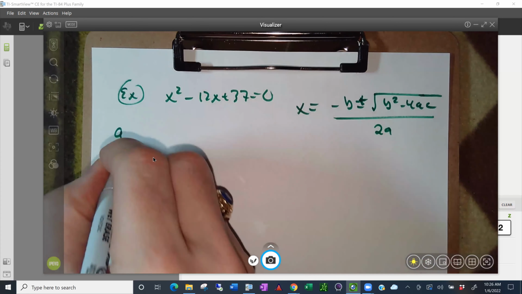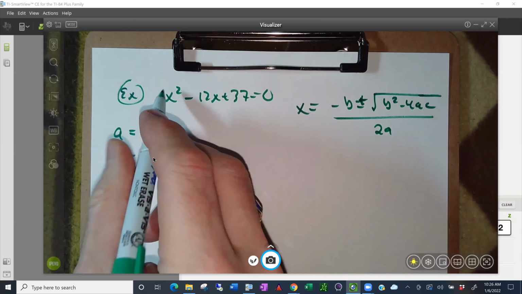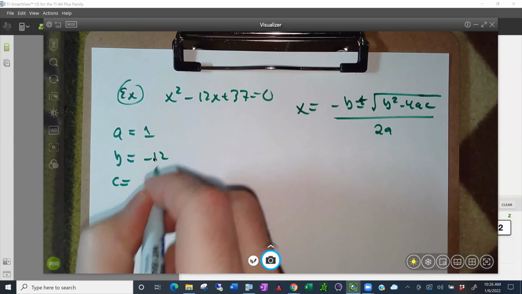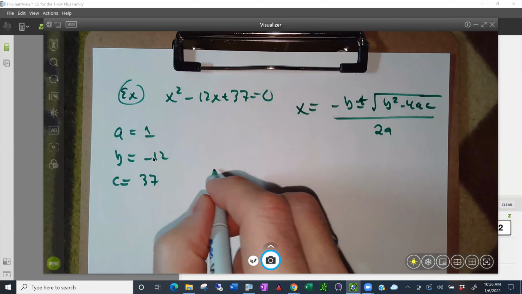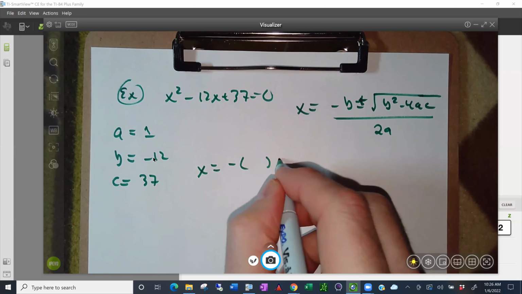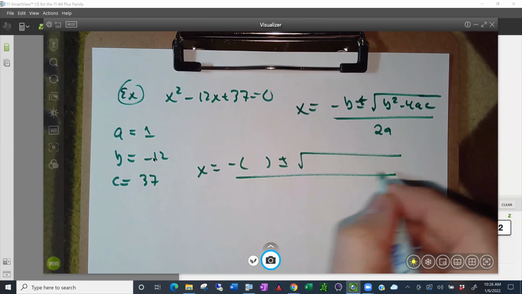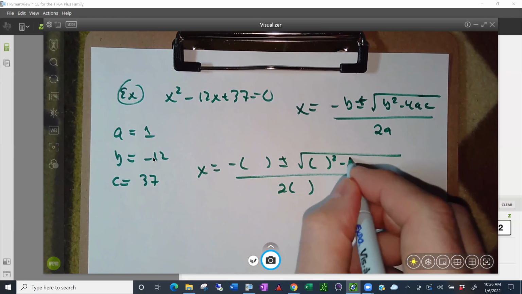So in our case, a is 1, that's the coefficient of our leading term, b is negative 12, and c is 37. My suggestion is that you write the quadratic formula with a lot of blanks in it, and then go through and fill in the blanks.